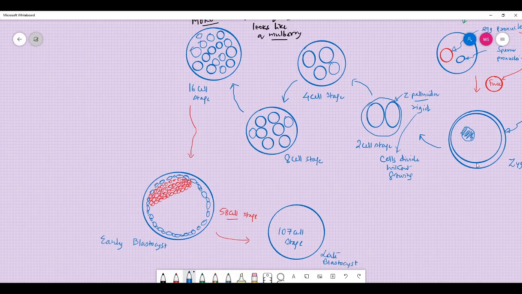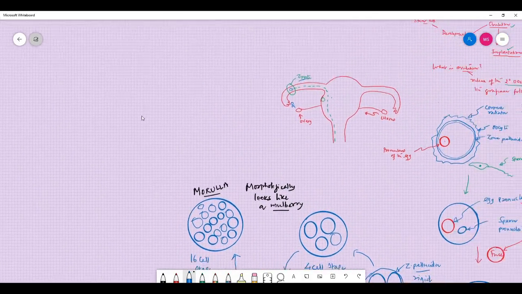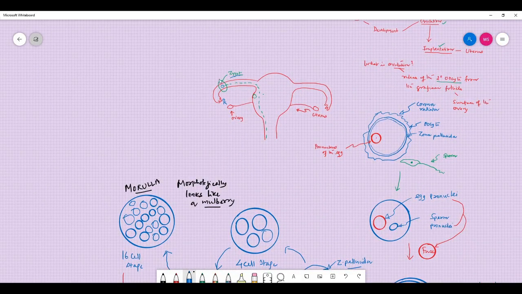Let's go back to the diagram and orient ourselves. This zygote comes down, it becomes a ball of cells, 16 cells, we call it the morula. The morula begins to come down, and at the same time the cells within the morula are dividing. It's going from 16 to 58, and later on 107 cells, at which time it gets implanted.